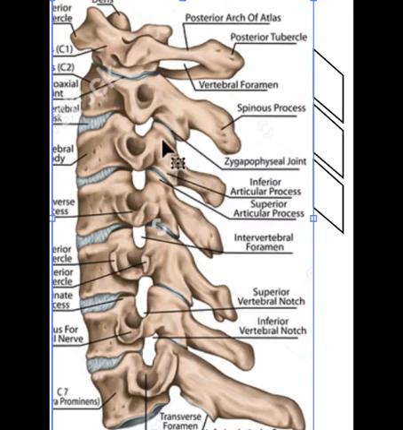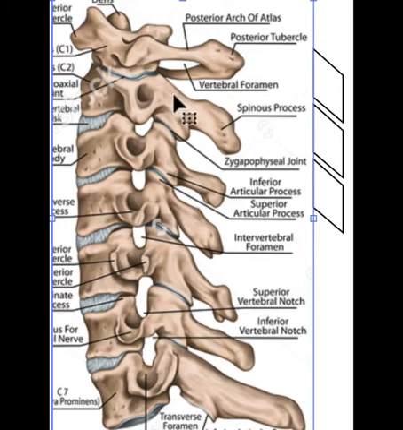The pars interarticularis in C3 is here, and it's a straight line going vertically as the two articular surfaces are in the same vertical line. But here, the superior articular process of C2 is anterior and the inferior articular process is posterior. So there's a diagonal bone, a quite prominent area, which is the pars interarticularis of C2.